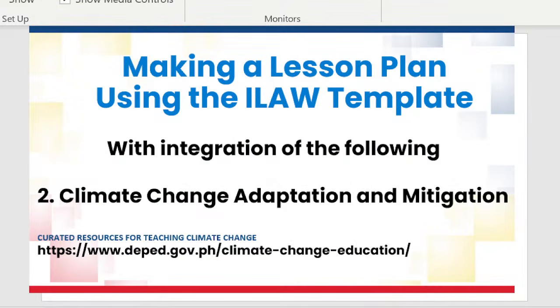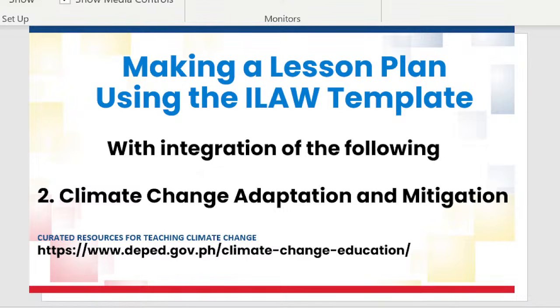So after we understand the basic concepts and the SOLO, we now move to the climate change adaptation and mitigation. We needed to know the concepts so that we can integrate this in making a lesson plan.